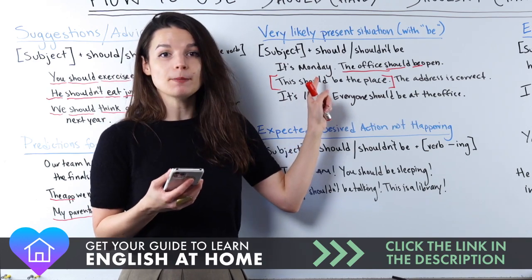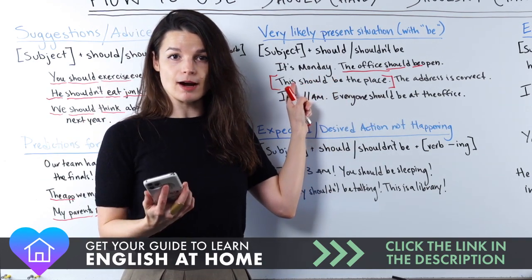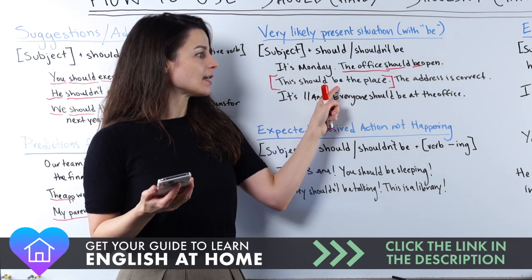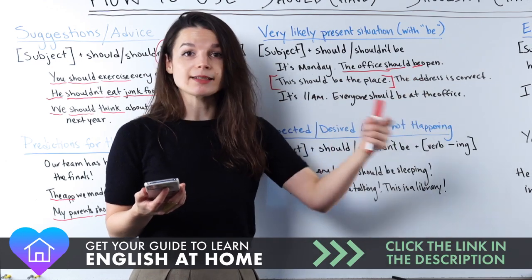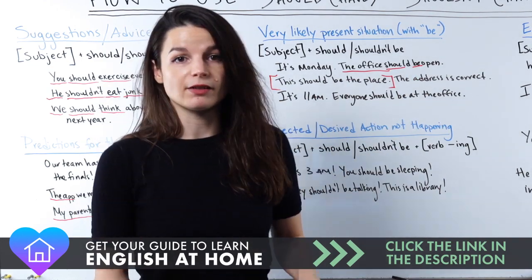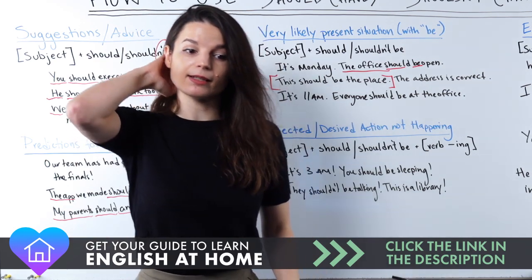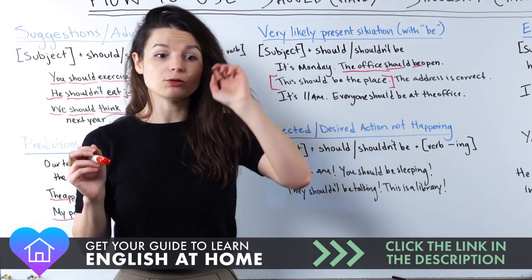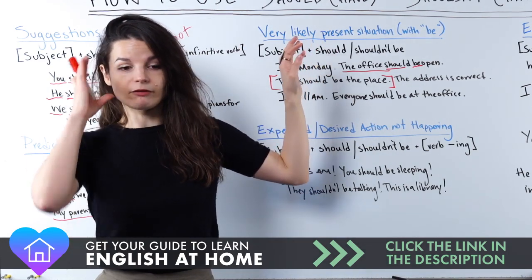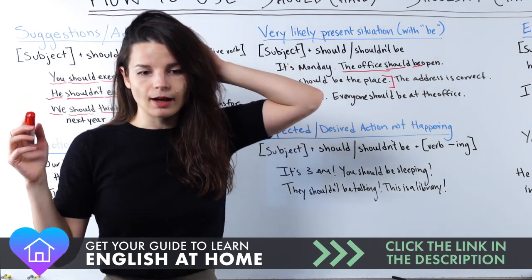When we think, this should be the place. So that means this place I'm in right now should be the place I'm going to or the place I want to go. So this is a very common expression we use when we're looking for some place we've never been to before, but we think we've arrived. So we have a high level of confidence in ourselves. Okie dokie.